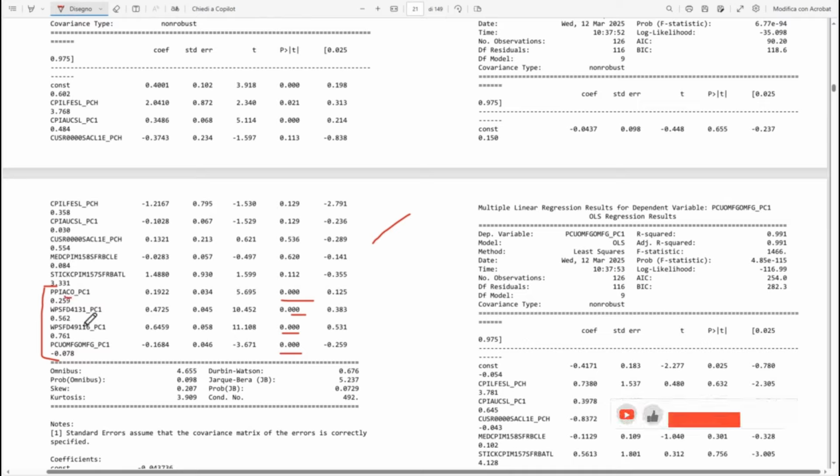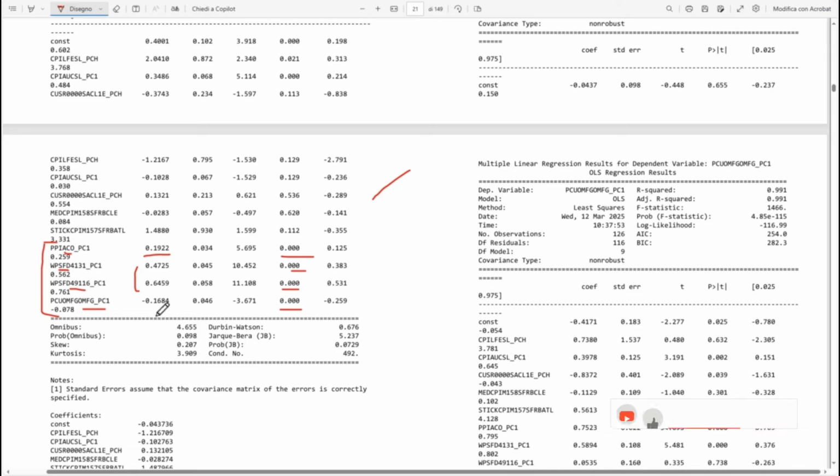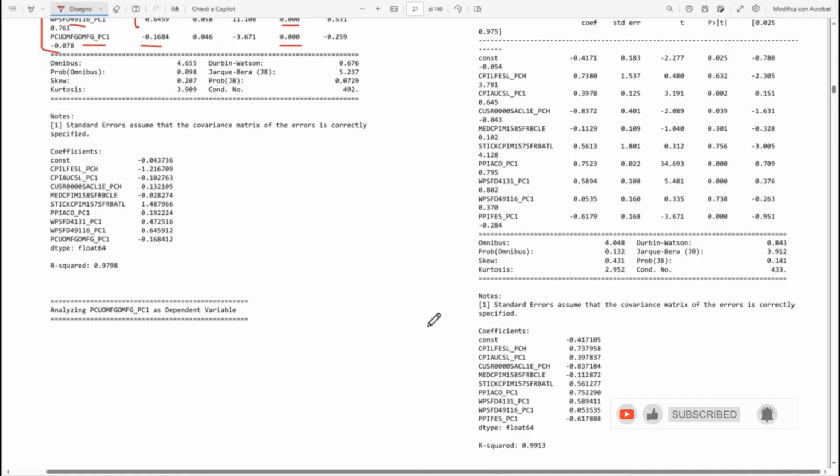This is all commodities, this is excluding food, energy and trade services, this is again excluding food, energy and trade services, and this one is for manufacturing, producer price index for manufacturing. So when core producer prices increase by 1 unit, all commodities have increased by this coefficient 0.19, and the other measure of core producer prices will increase by 0.47, 0.64, which is notable, while manufacturing PPI would have decreased by minus 0.16 or 84.